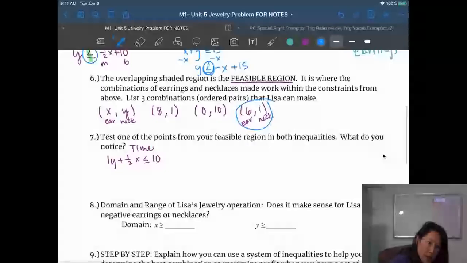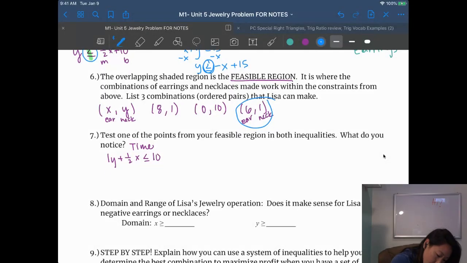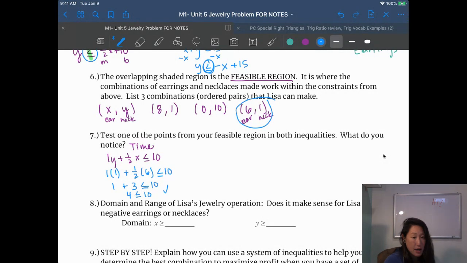So 1 times 1 for y, making 1 necklace, plus 1/2 times 6, making 6 earrings, has to be less than 10. It takes me 1 hour plus 3 hours. And is that less than or equal to 10? Yes, 4 is less than or equal to 10. So we're good on the time constraint.